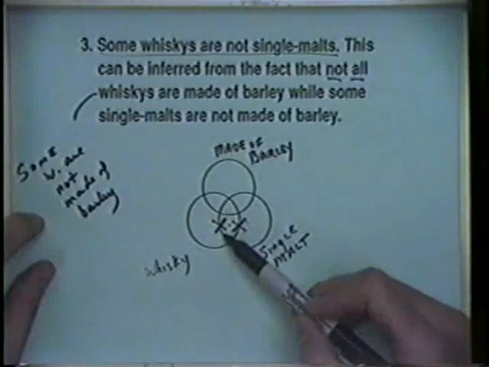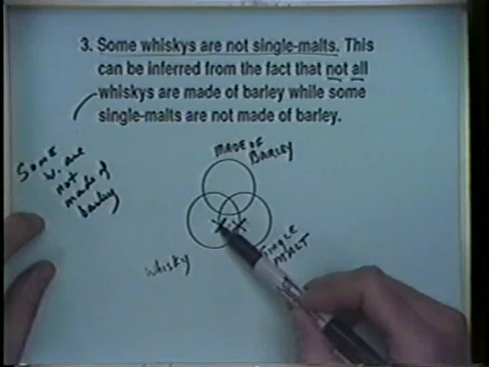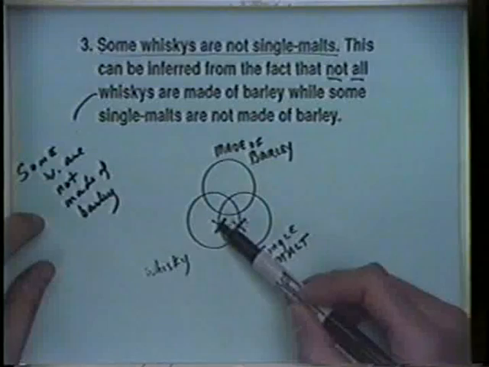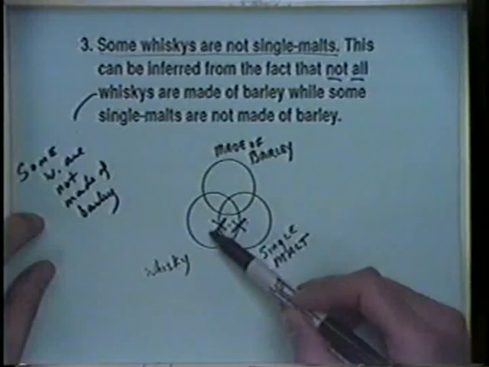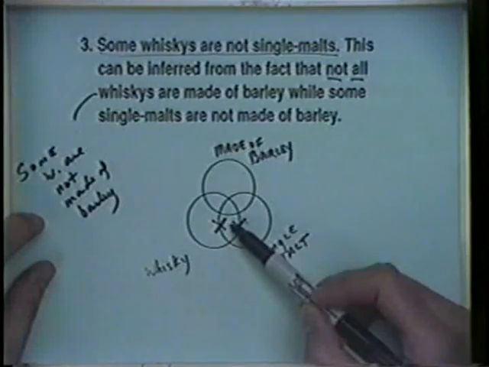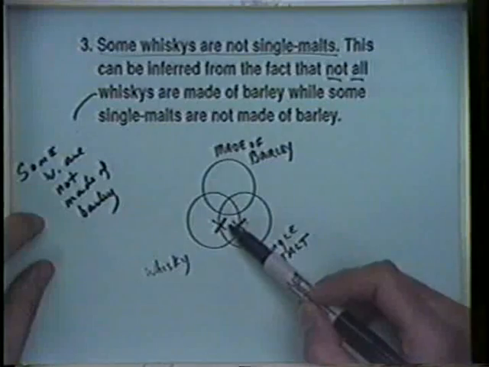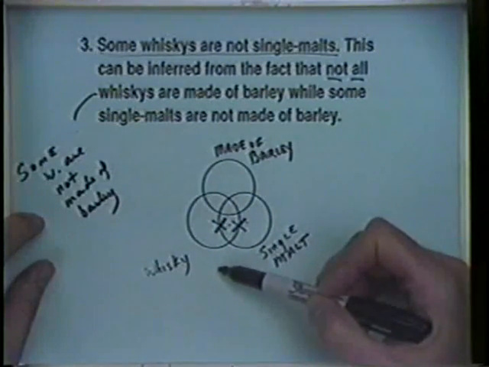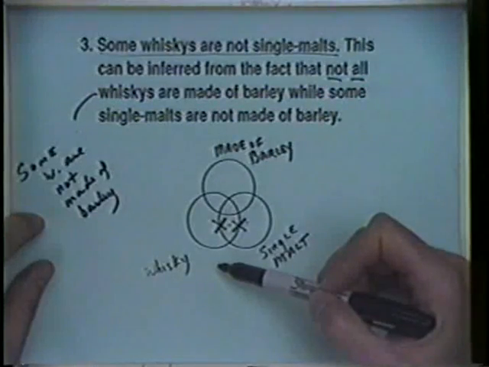Well, notice this X here could be in this area. Remember, when the X is on the line, that means that it's indeterminate whether it should be over here or over here. Well, if the X were over in this area, then there would not be, in this diagram of the premises, an X in the spot that is necessary for the conclusion to be diagrammed.